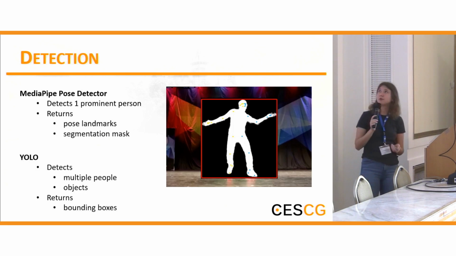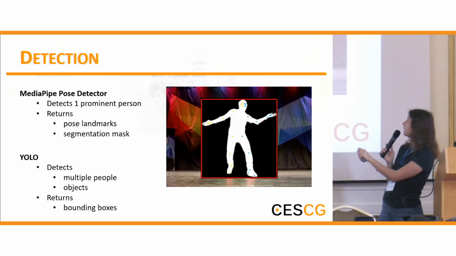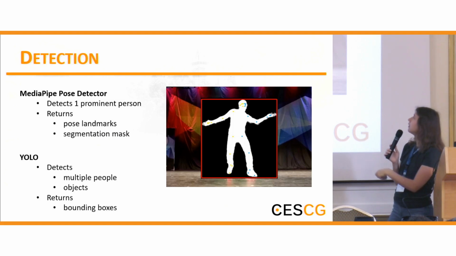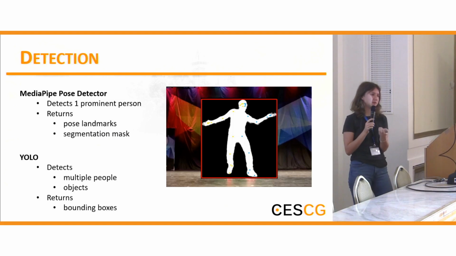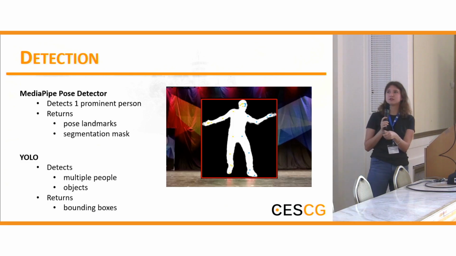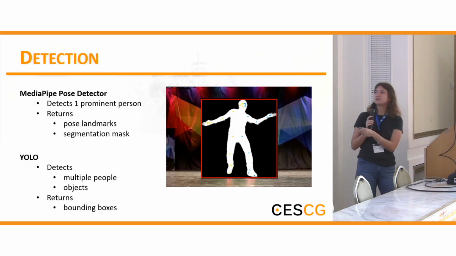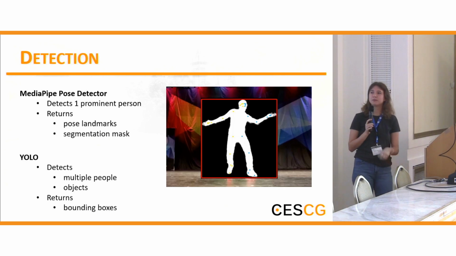But I have found out that, of course, you can see that the key point of the hand, for example, is here, and the tips of the fingers are here. So it's not the perfect bounding box. So then I used the segmentation mask, and now it gives a really perfect bounding box around the person.